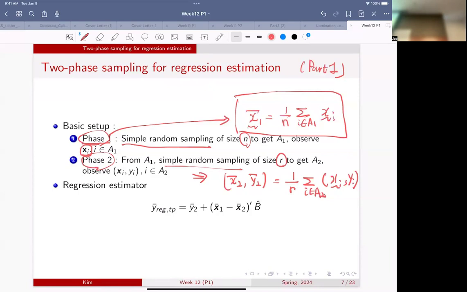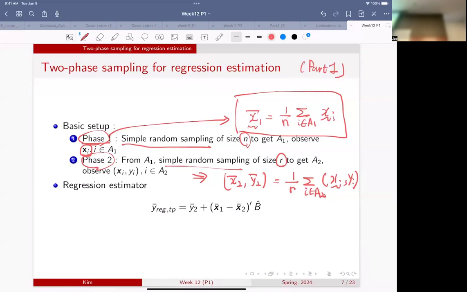I have a question here. Since in phase two we select a simple random sample of size r from A1, this sample is taken from phase one, right?